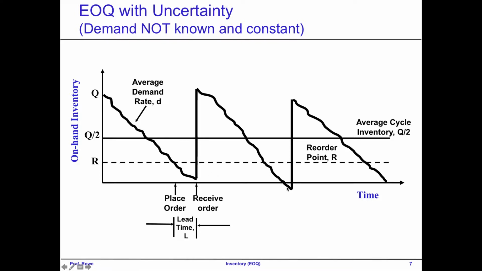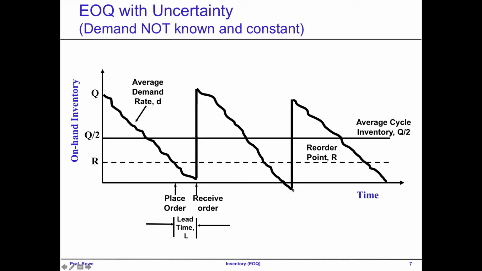Conversely, we could also run into a situation where we had more sales than expected. So again, if we were expecting 100 per period, let's say that we had 100, then 105, and then 110 in sales. Well, that means that we ended up with 105 on average per period as opposed to our 100.